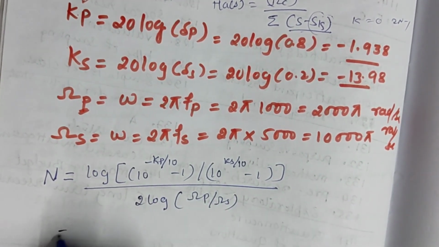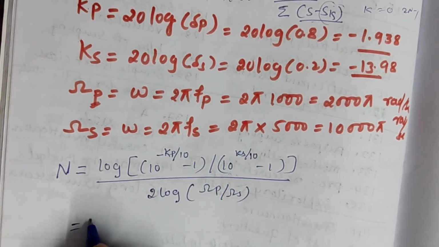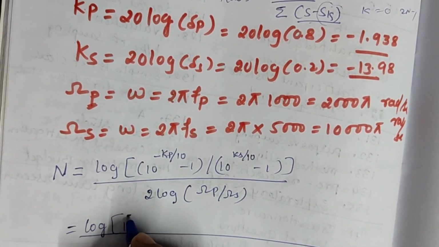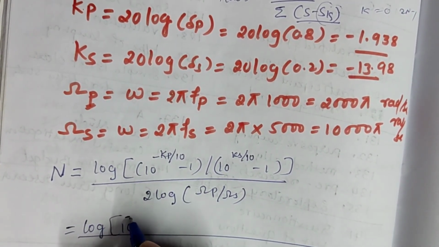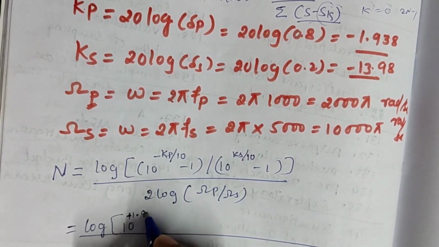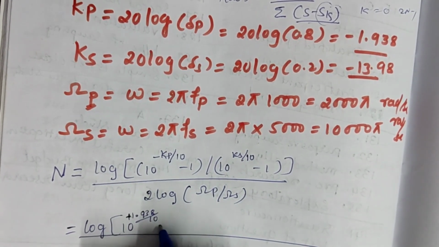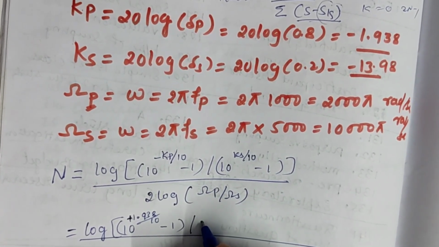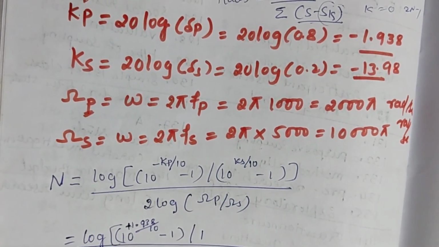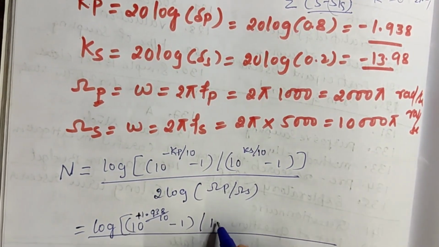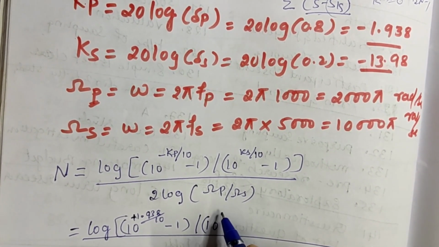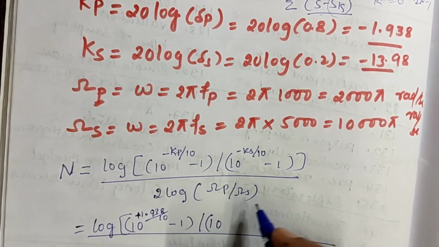This is the formula. Now once we substitute all the values here, it is a ratio of log of 10 to the power of minus Kp, which is plus 1.938 by 10, minus 1, divided by 10 to the power of minus Ks by 10.